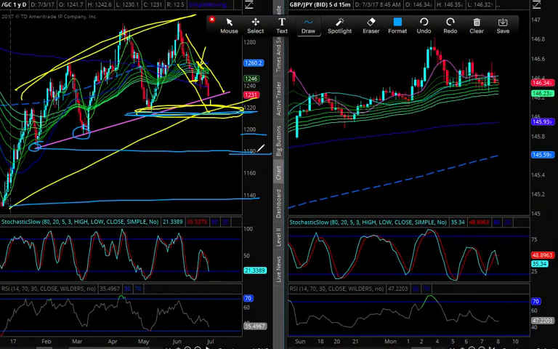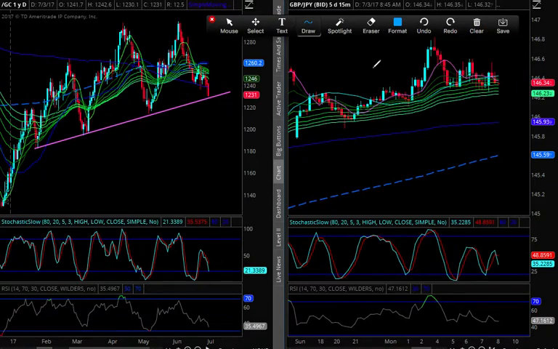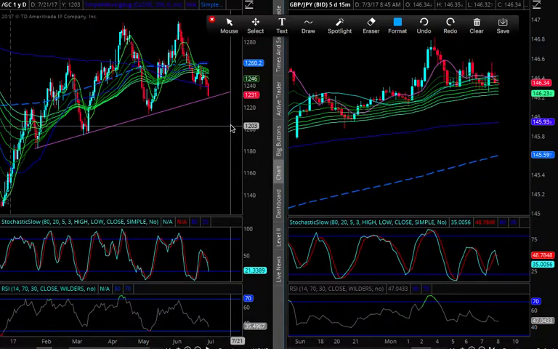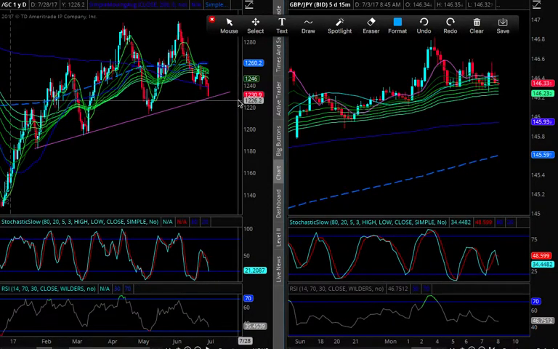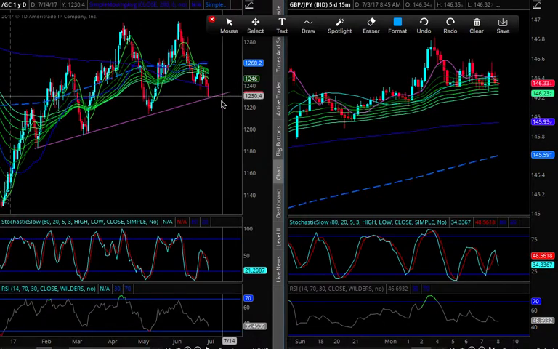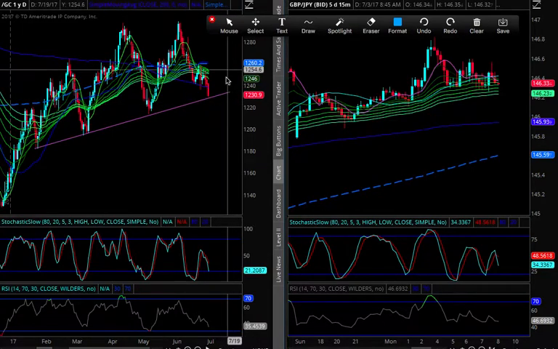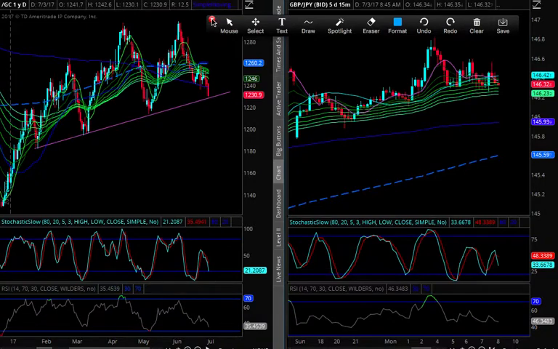This is kind of 1180. So pretty weak that the dollar's been trading off and gold's been going down. But this morning you have dollar up and you have rates up, so gold doesn't like that.